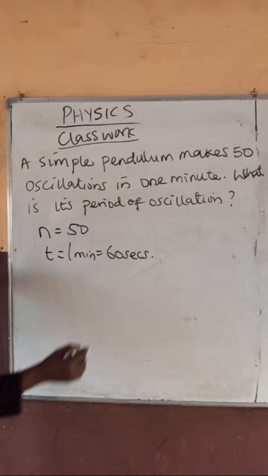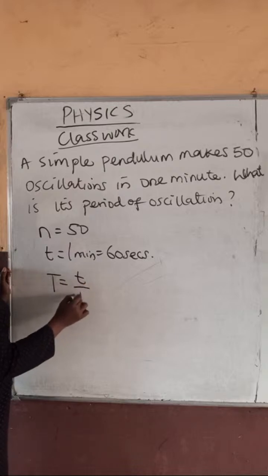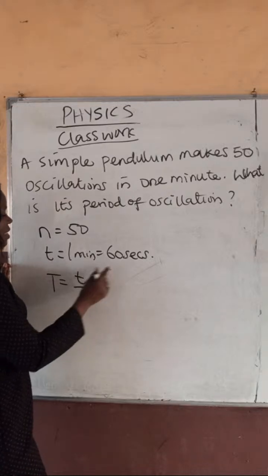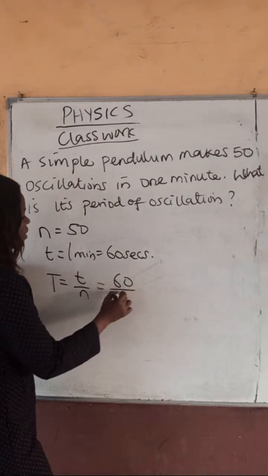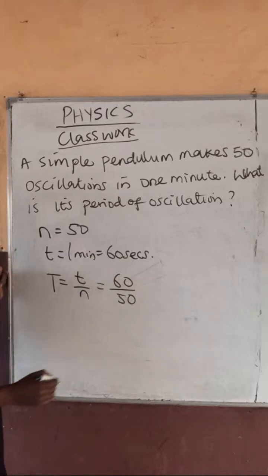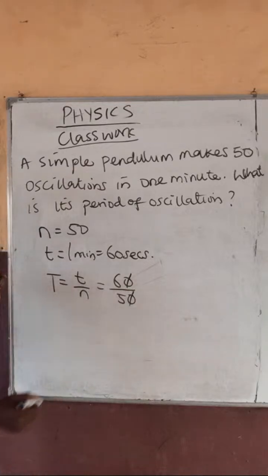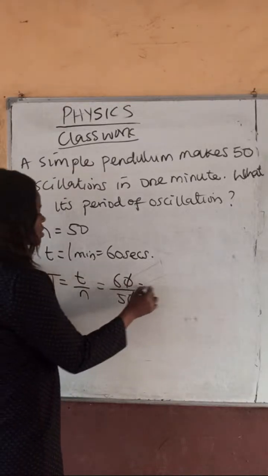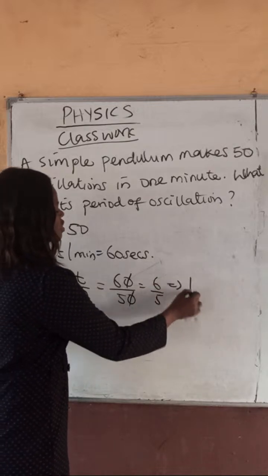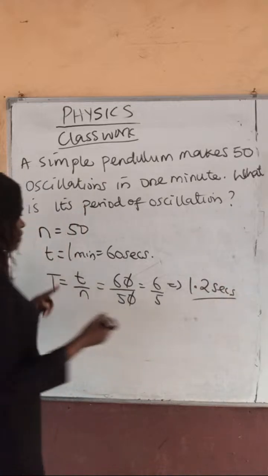For us to get the period, you say that period is equal to T over what? Over N, right? Going by that, my time is 60 and my number of oscillations is 50. Now by the time we cancel this, I am left with what? 6 over 5. And when I divide this, it's going to give me 1.2 seconds.